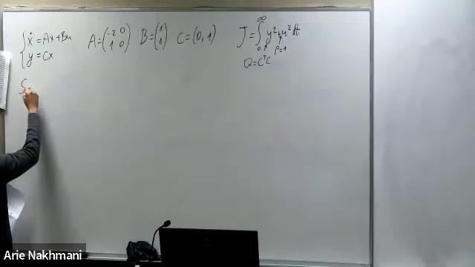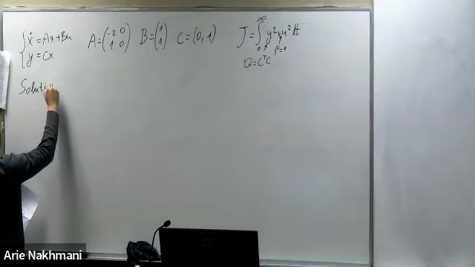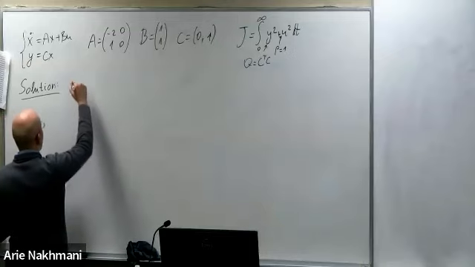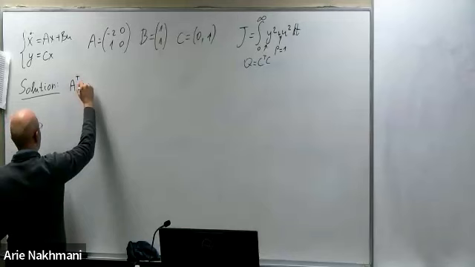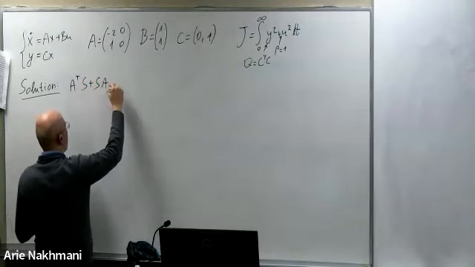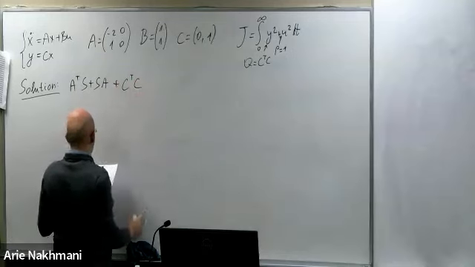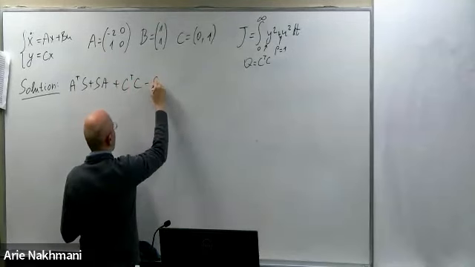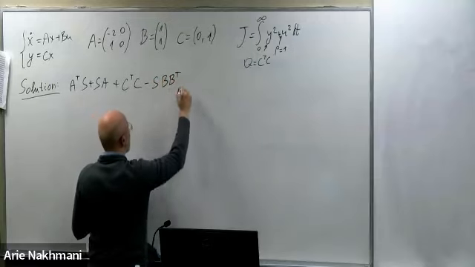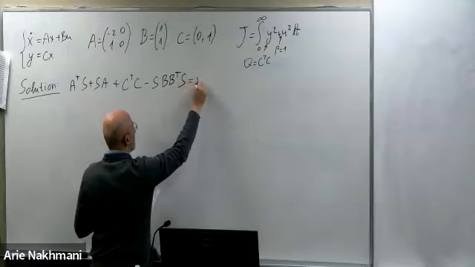So, solution. How do you find the optimal controller? Let's try to solve the Riccati equation first to find the matrix S. So here's my Riccati equation. A transpose S plus SA plus C transpose C, which is the matrix Q, minus S B transpose S equals 0.